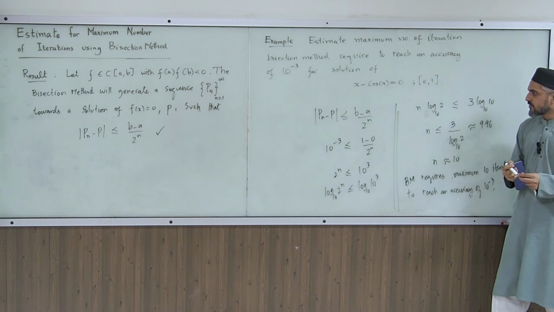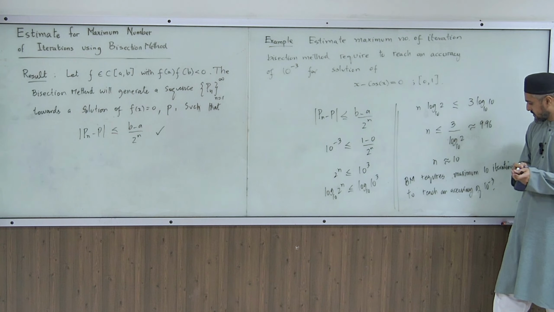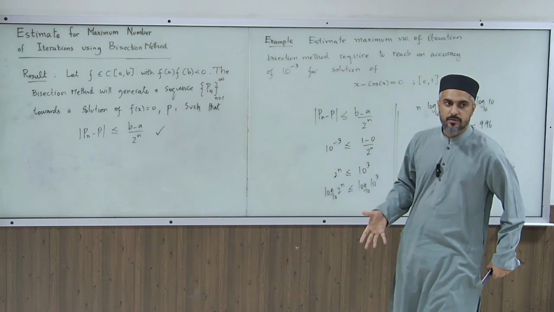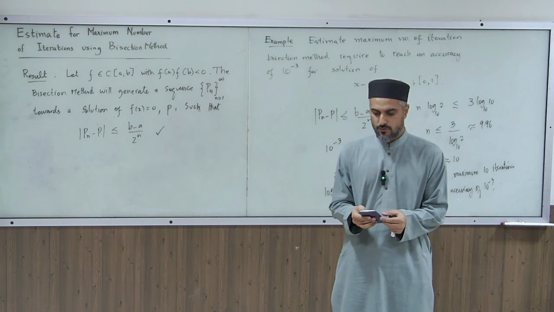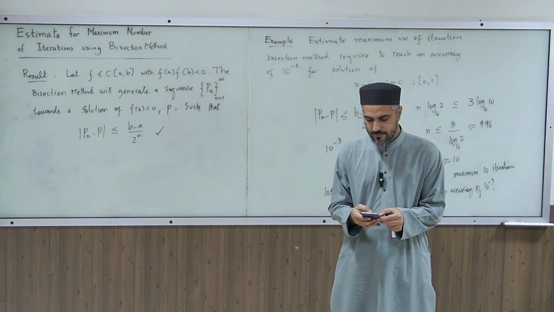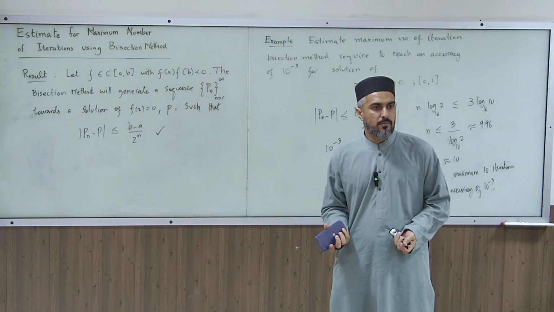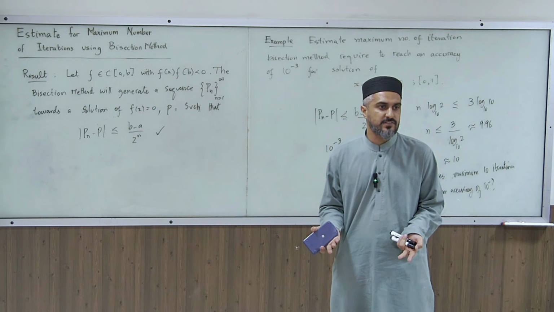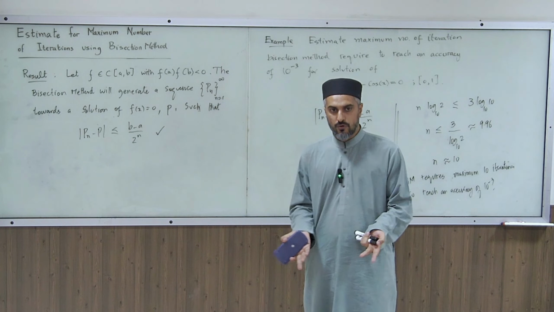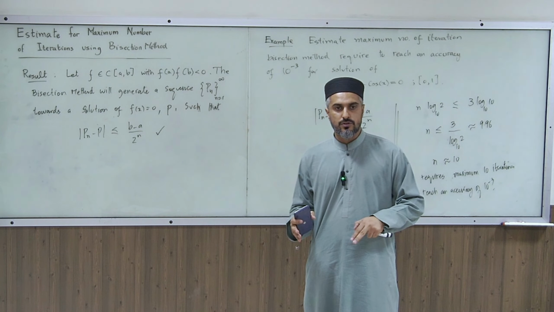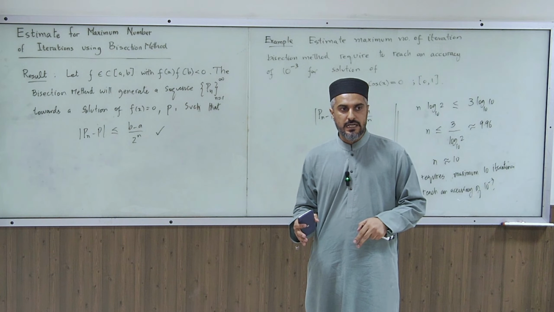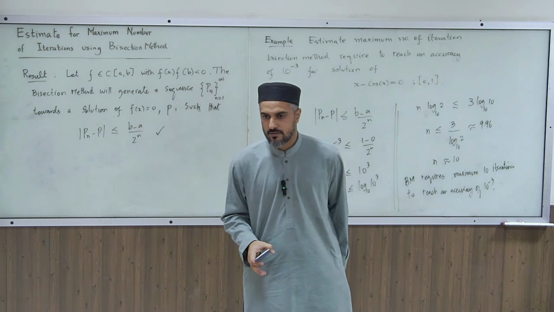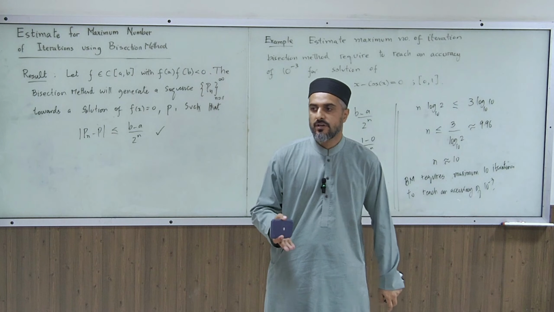So what can be the benefit of this theorem? The first thing is, when we start a problem, we will know the maximum number of times I have to run the bisection method. If I know this information, what is the benefit in terms of programming or pseudocode? Very good.